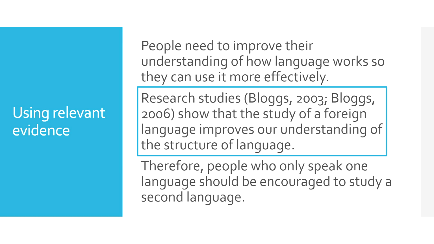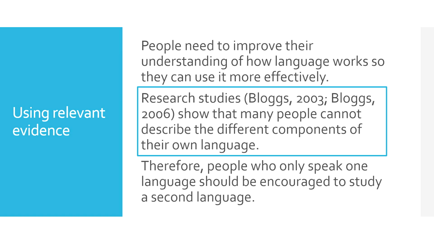Therefore, people who only speak one language should be encouraged to study a second language. And that evidence is relevant, because if the goal is to understand how language works, then learning a foreign language improves our understanding of the structure of language, and thus that supports the conclusion.